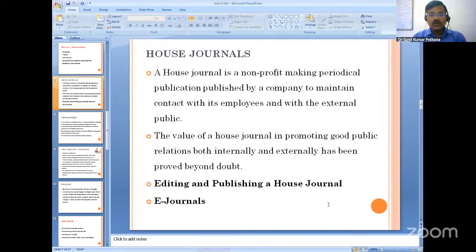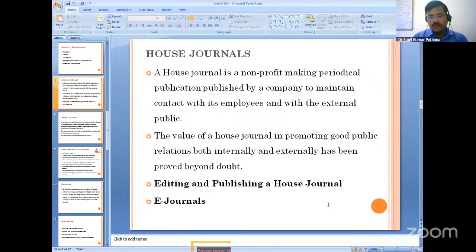So that should be converted into an easy way for any kind of public to understand, because they should understand the details of the finance of the company.